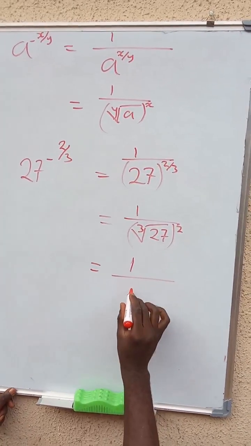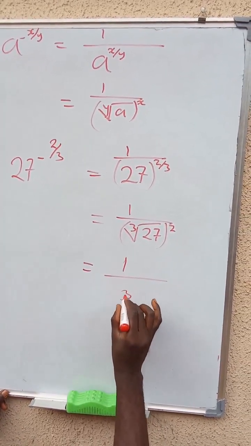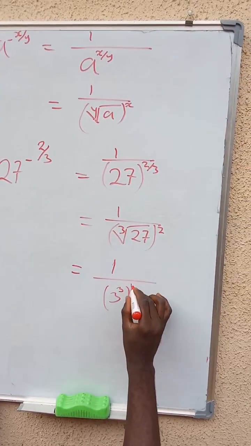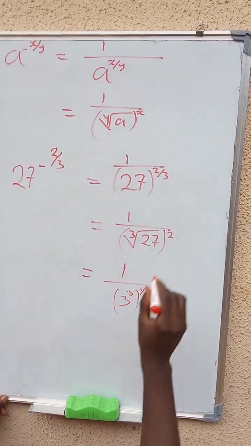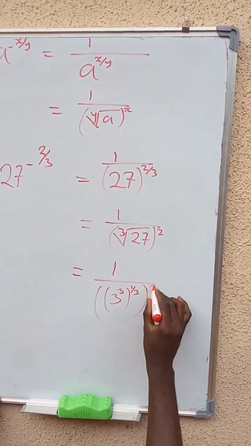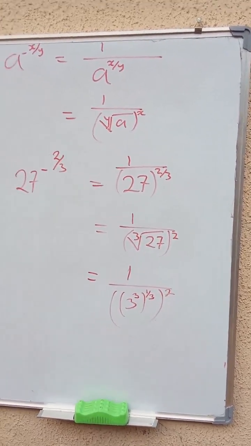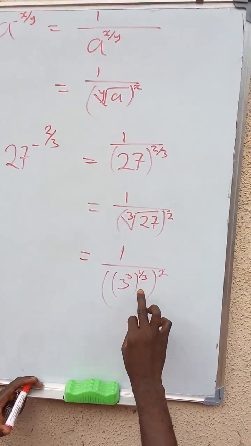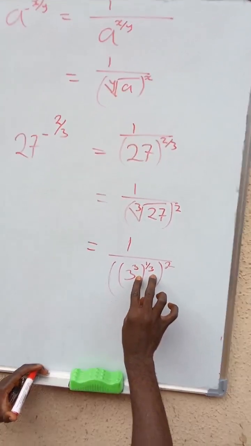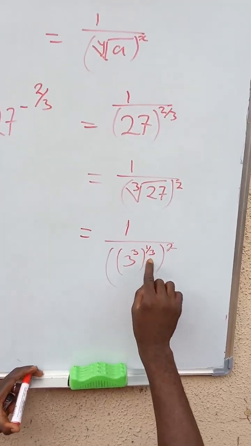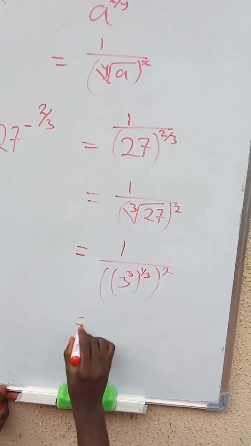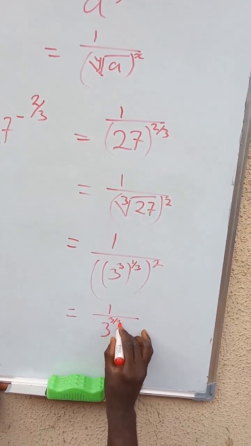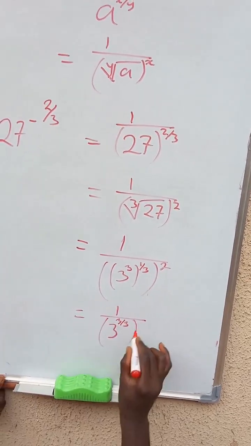Now what I will do is write 1 over this, then 3 raised to the power of 3, the cube root is 1 over 3, then raised to the power of 2. So I would have done this directly, but we want to know from the power law that the two powers can multiply itself. And if these two powers multiply itself, I have 1 over 3 raised to the power of 3 over 3, all raised to the power of 2.